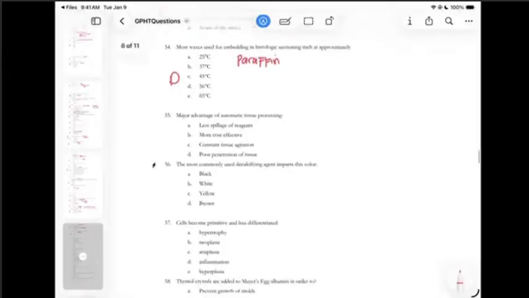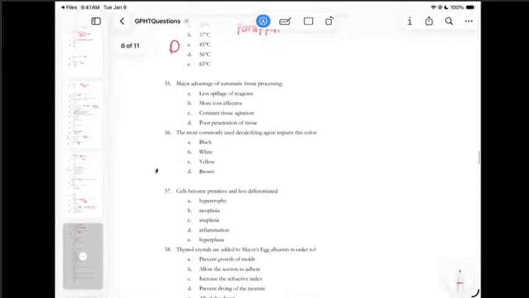Number 55, what is the major advantage of the Autotech? The automatic tissue processor comes in different names, yung Autotechnico. This is a machine that is able to fix, dehydrate, clear, and infiltrate the tissue.